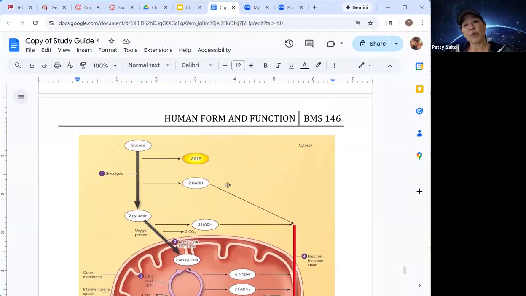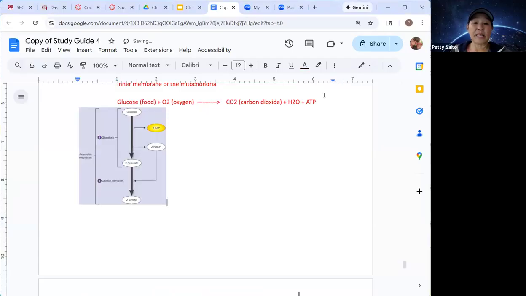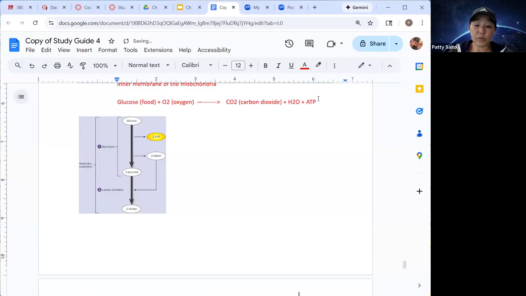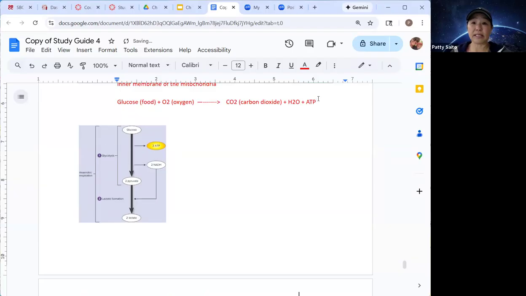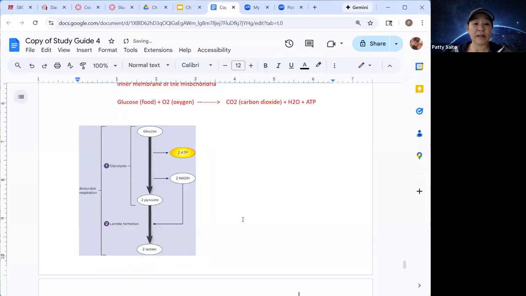So what is that other process called when you run out of oxygen or you don't get enough oxygen to make enough ATP to keep going? The second process is called anaerobic metabolism. So we just looked at what's called aerobic metabolism. Aerobic means with oxygen. Anaerobic is without oxygen.